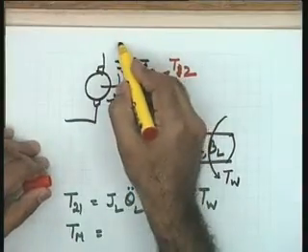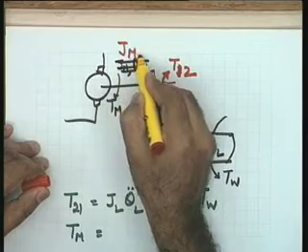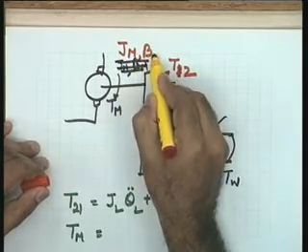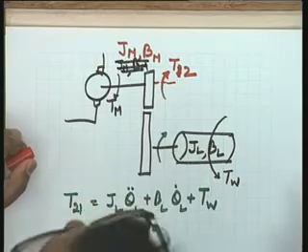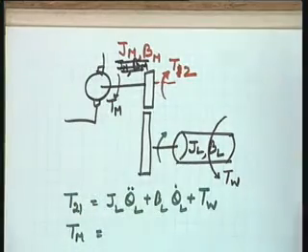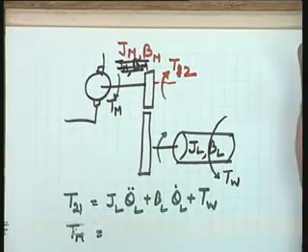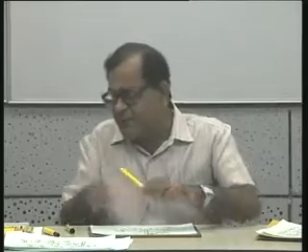Okay, let me at this stage itself make the discussion complete. Jm and Bm could be taken as the moment of inertia and viscous friction of the motor shaft. There is friction in the bearings of the motor shaft. There may be friction in this part of the system which has been captured into a coefficient Bm. Help me please, give me the equation for the motor shaft.